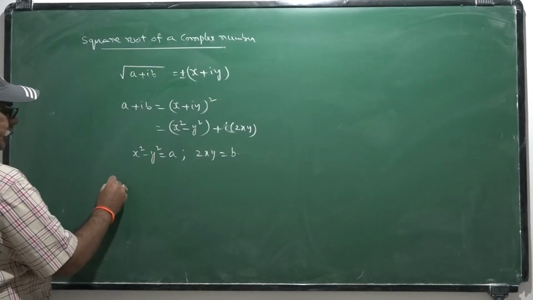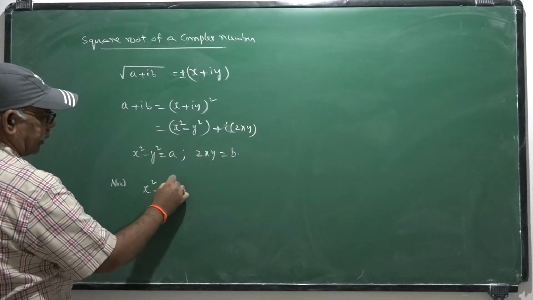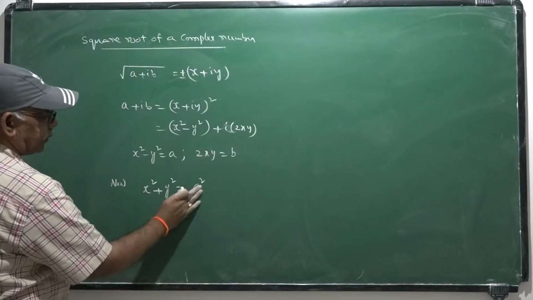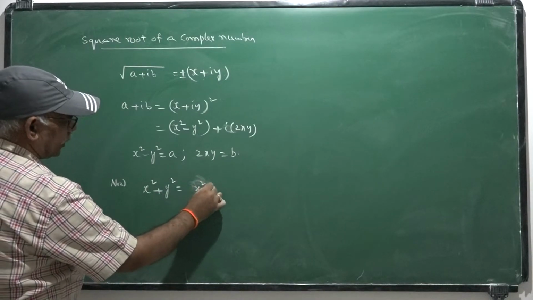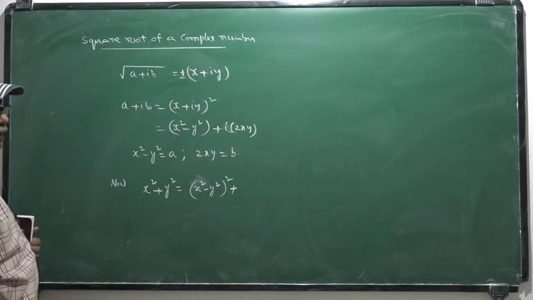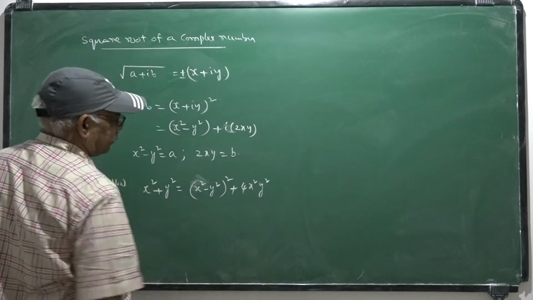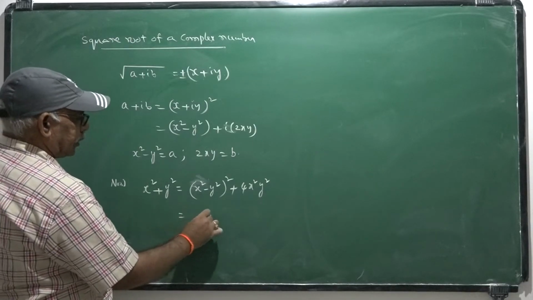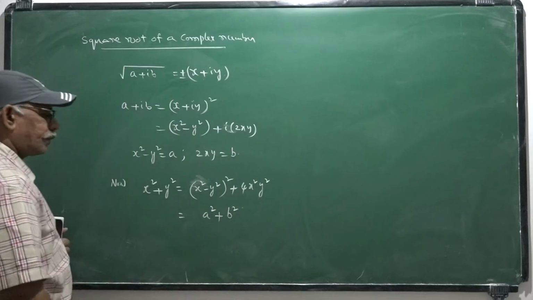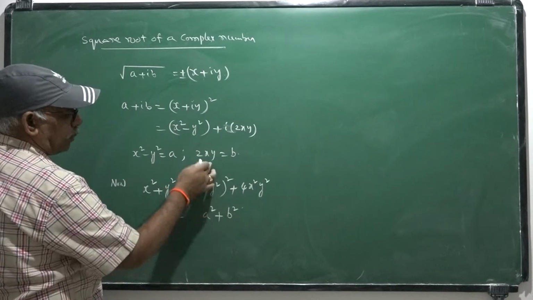Now x square plus y square is the square root of (x square minus y square) whole square plus 4x square y square, which is nothing but a square plus b square.